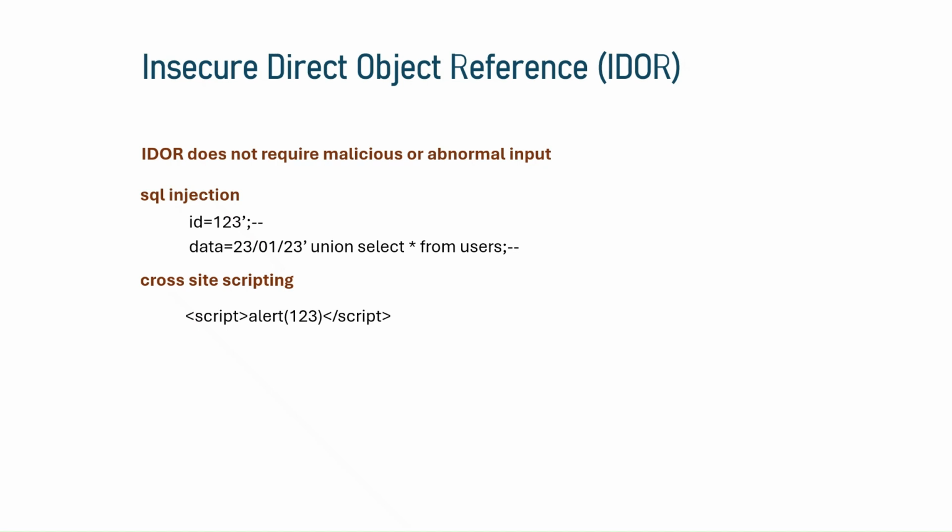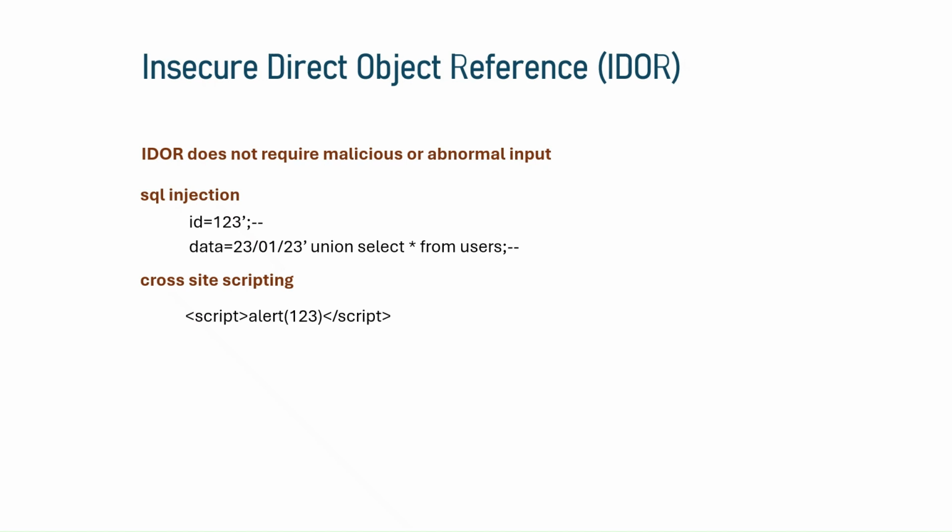Similarly, if there is a date parameter, you can supply a date with additional special characters and operators like union and select commands to exploit the SQL injection vulnerability. And cross-site scripting similarly requires scripts, which also involve special characters. However, an insecure direct object reference can happen without a need for special characters or malicious input.